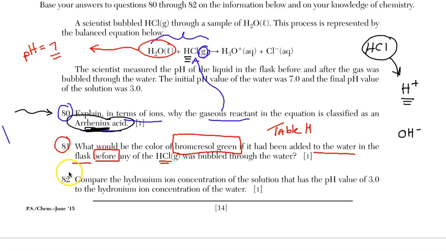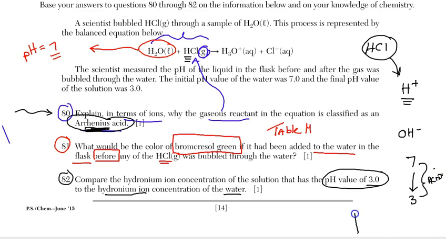Number 82. Compare the hydronium ion concentration of the solution that has a pH value of 3.0 to the hydronium ion concentration of water. So if you have a pH of 3.0, you're below 7, which you should know is acidic. And if it's acidic, there are more H pluses than there are hydroxides.